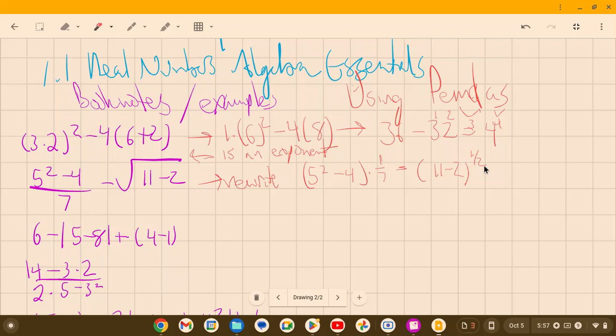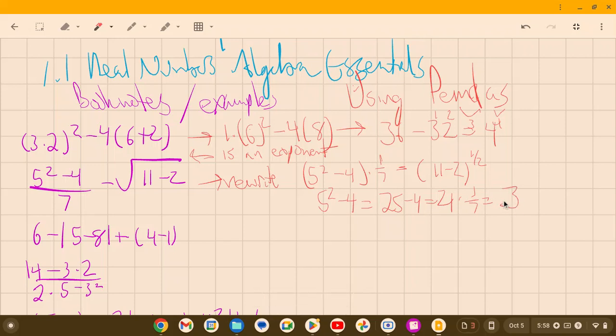So, parentheses first. 5 squared minus 4. That's the same as saying 25 minus 4 equals 21. Times 1 over 7. That's going to equal 21 divided by 7.